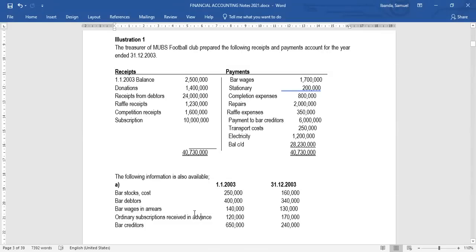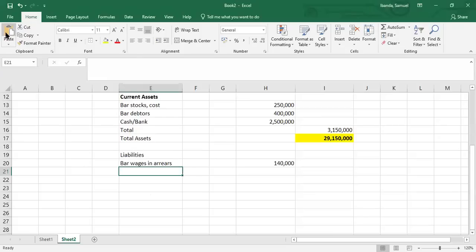Then ordinary subscriptions received in advance. These are also liabilities. Remember, these subscriptions relate to the next financial year, so they are liabilities to us. I've started with the current liabilities.